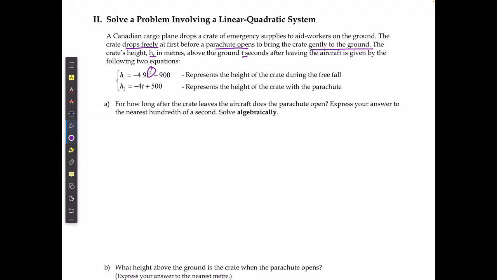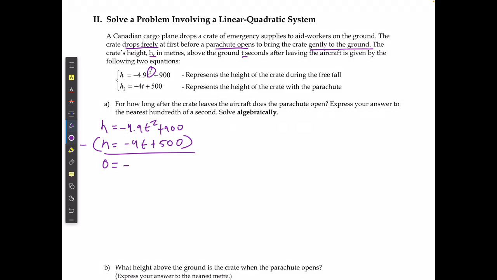I can say that if h is equal to negative 4.9 t squared plus 900, or h is equal to negative 4t plus 500, I can just subtract these equations to get rid of h.